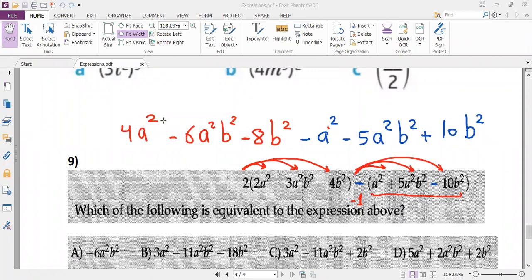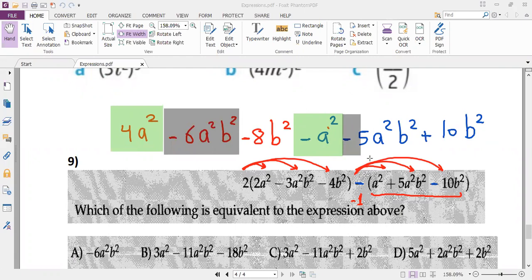Then collect like terms. I have 4a squared and negative a squared. They are like terms. And I have negative 6a squared b squared and negative 5a squared b squared. They are like terms. And I have negative 8b squared and 10b squared.